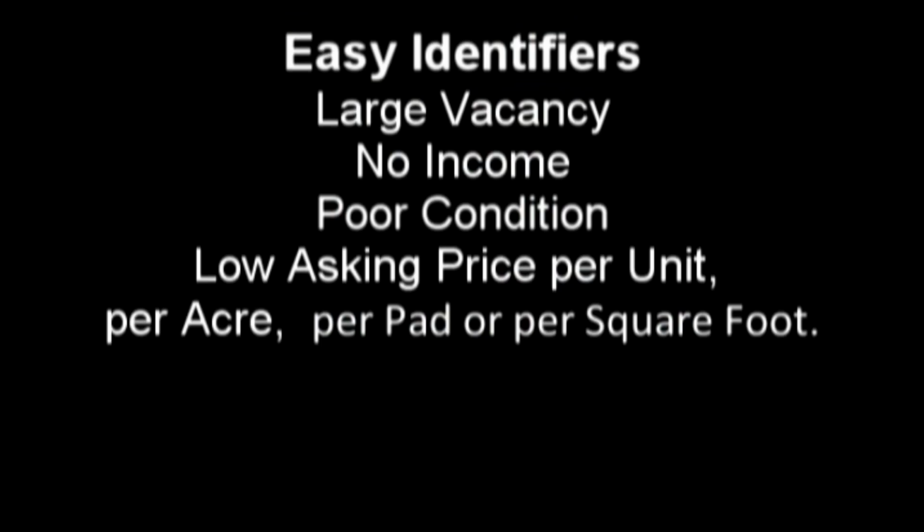So to recap, your easy identifiers are large vacancy, no income, poor condition, and also a low asking price per unit or per door or per acre or whatever is applicable. For example, let's say that you've done a little bit of homework and where you live you find out that the average, give or take, sales price per door, as they call it, or per apartment for an apartment complex is, say, $40,000.